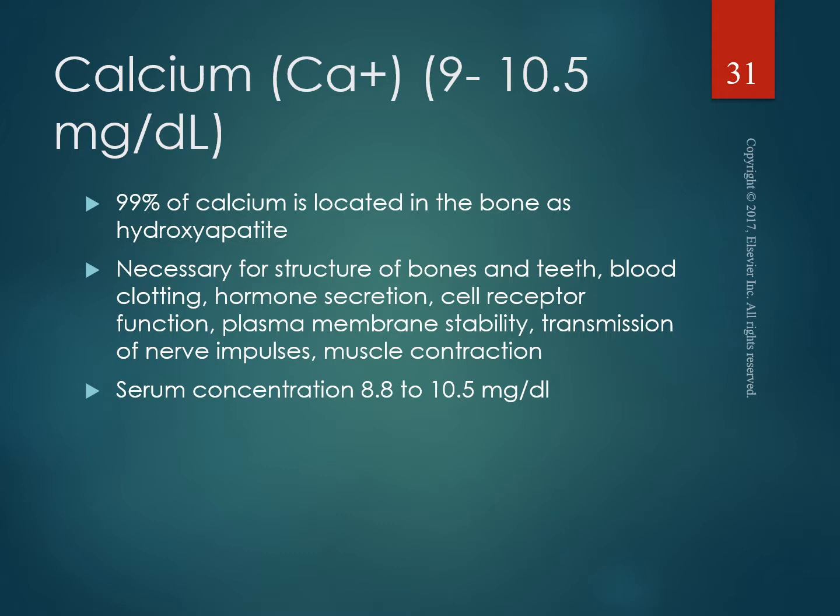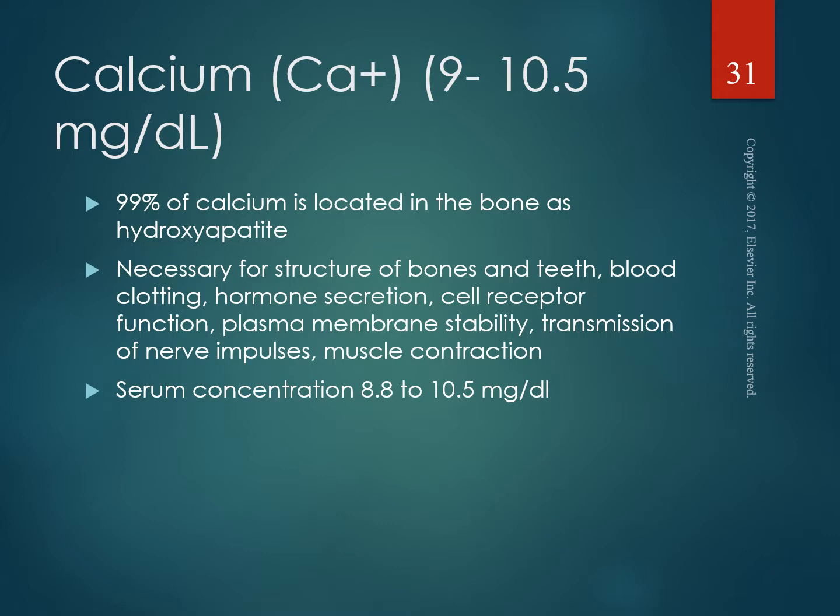Calcium is 9 to 10.5. 99% of the calcium is located in the bone, the remainder in the plasma and body cells, with 50% bound to plasma proteins and 40% free or ionized. The ionized form is the most important physiologically. Calcium is needed for fundamental metabolic processes.